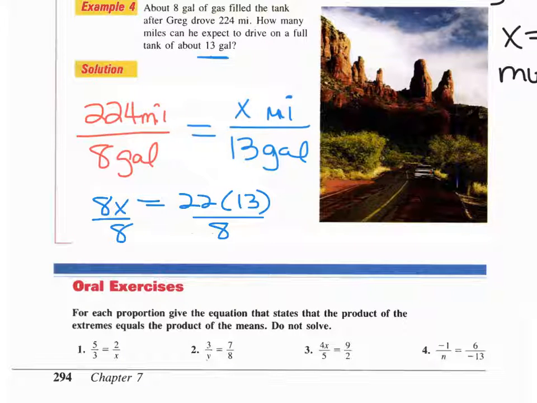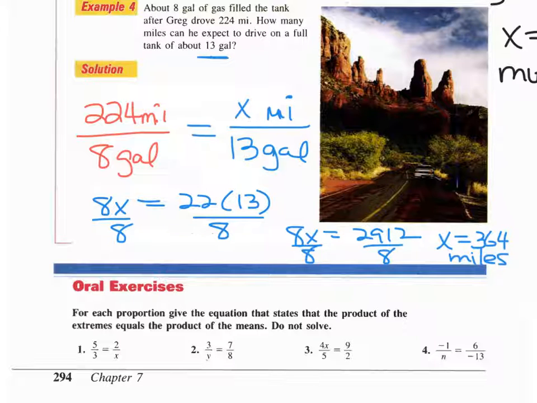Now I'll show you a trick tomorrow. Some of you will like to use this trick where you simplify before you multiply. But probably what you're used to is multiplying this. So 8x equals 2,912. Divide that by 8. And x is equal to 364. So he can go 364 miles on that full tank of gas.